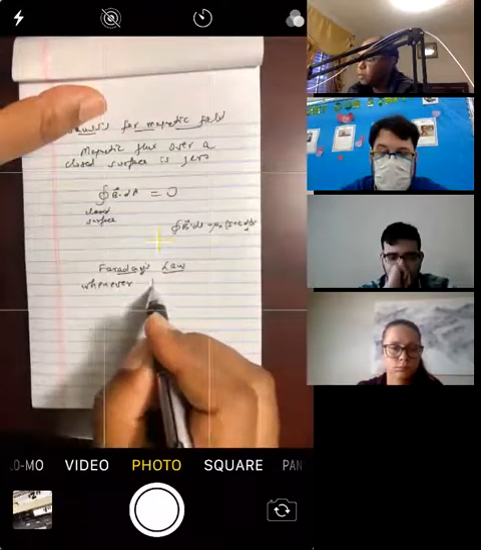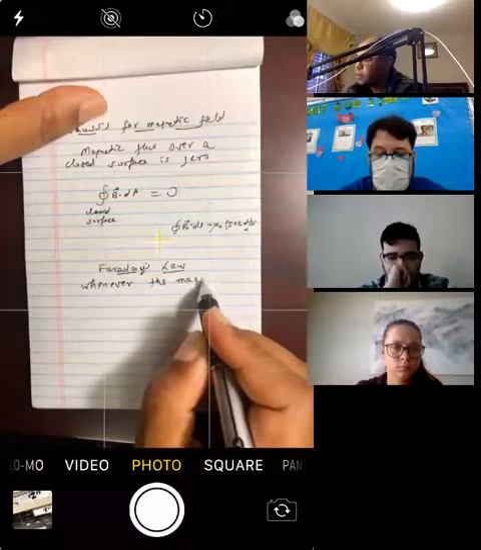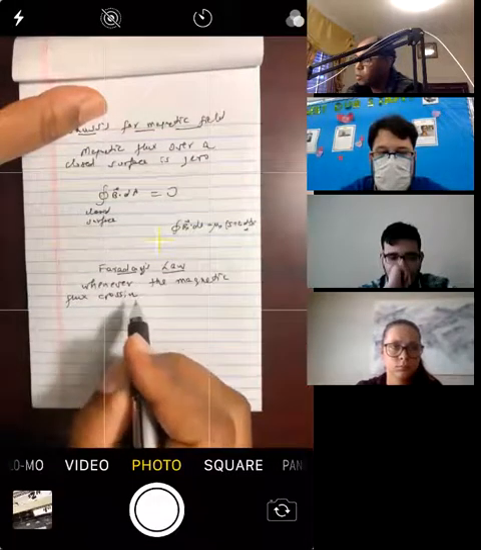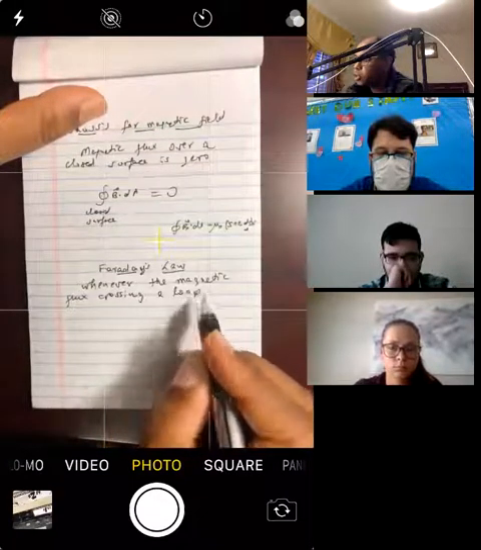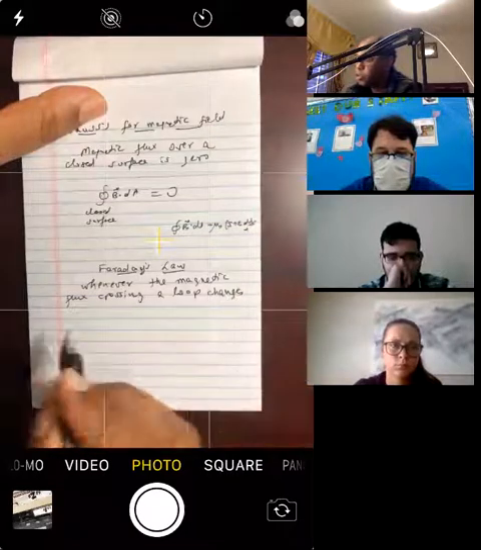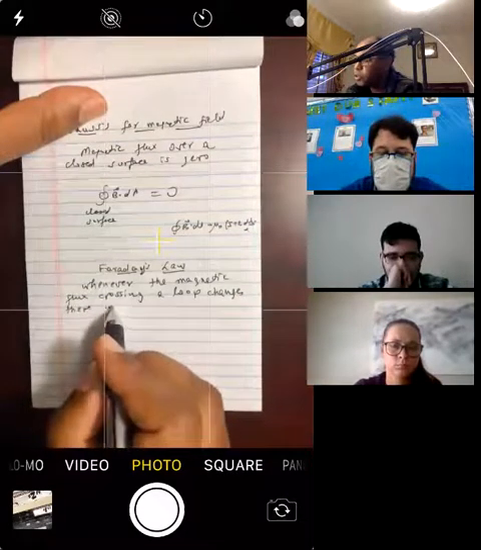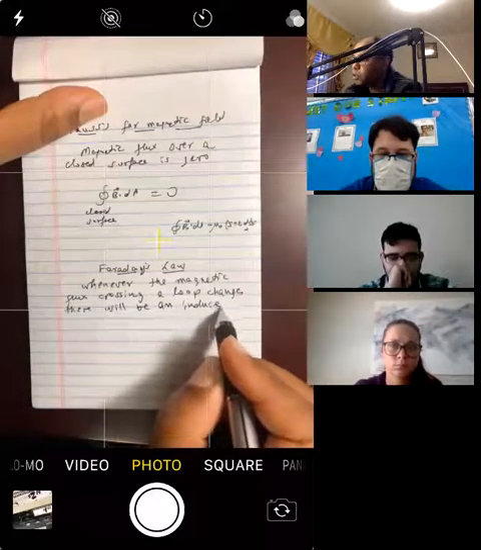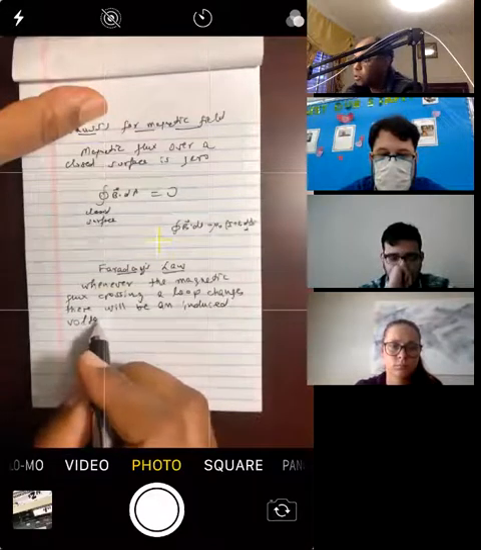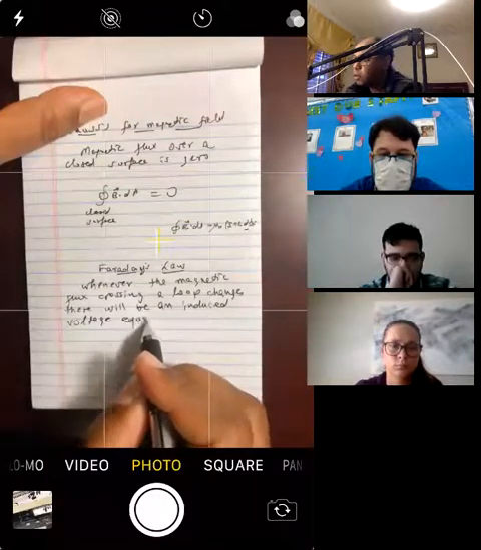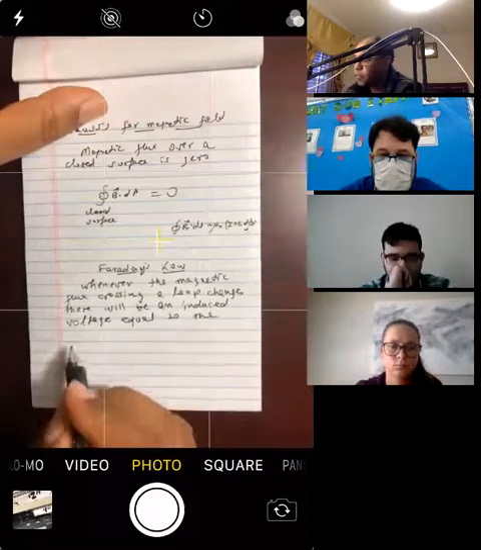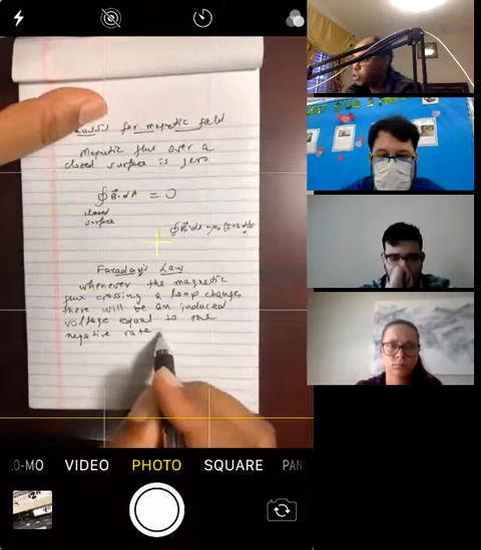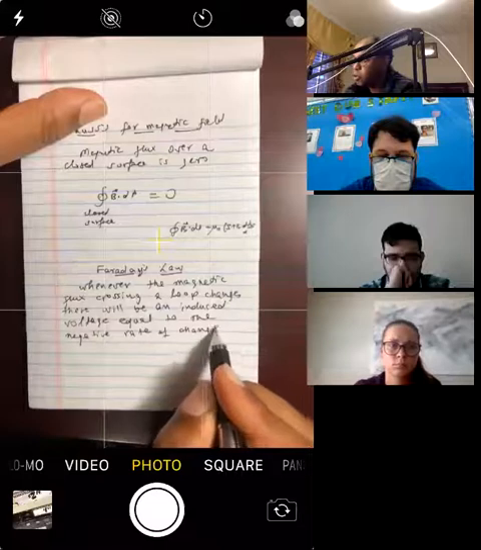Whenever the magnetic flux crossing a loop changes, there will be an induced voltage equal to the negative rate of change of flux.